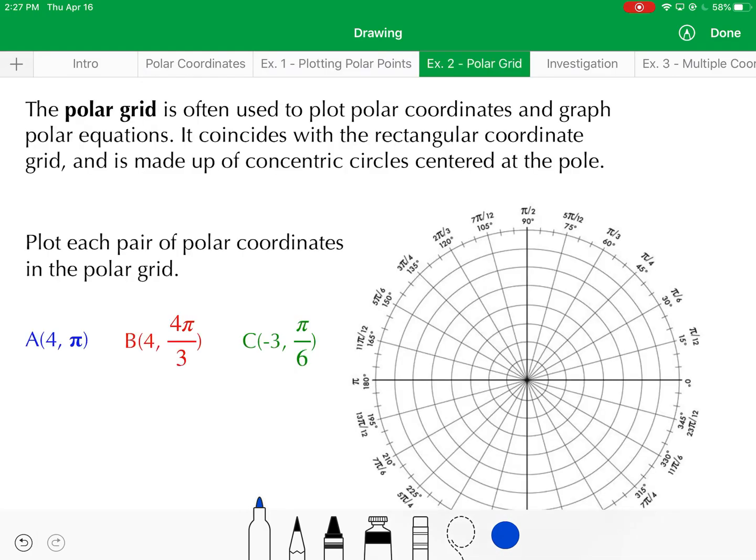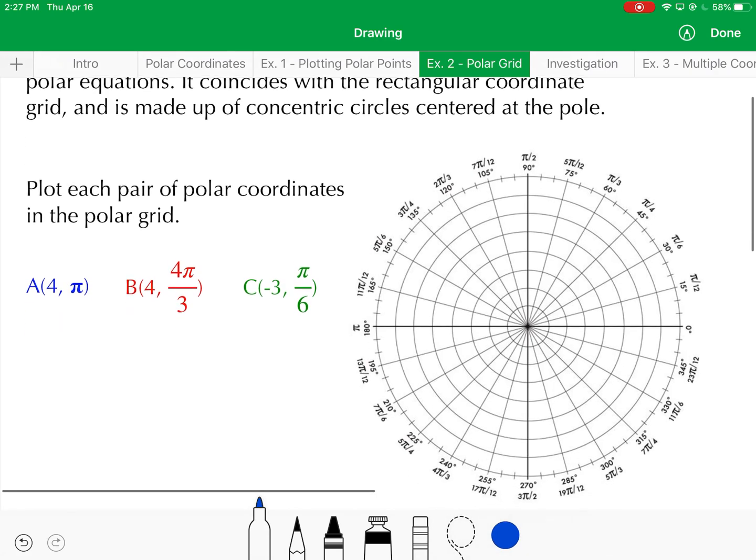All right, now let's do this using the polar grid. I mentioned when we looked at the applet that the polar grid coincides with the rectangular coordinate grid, okay?